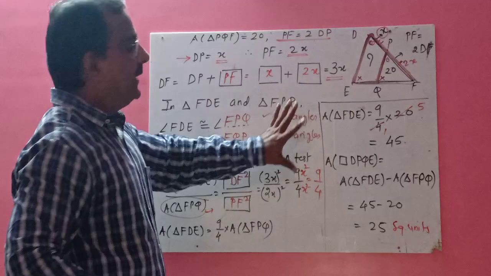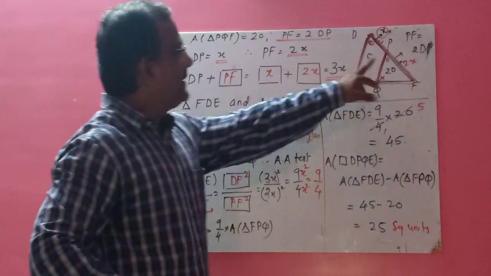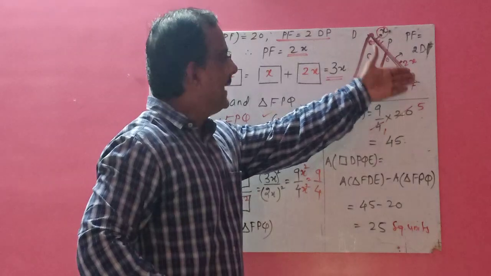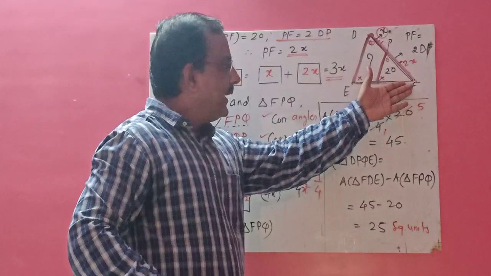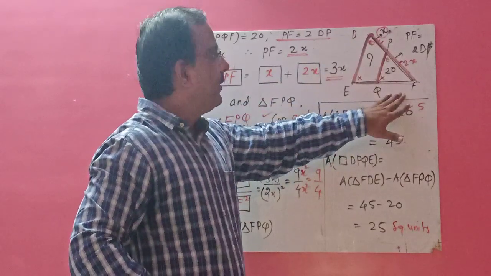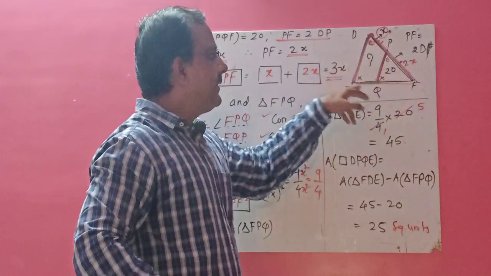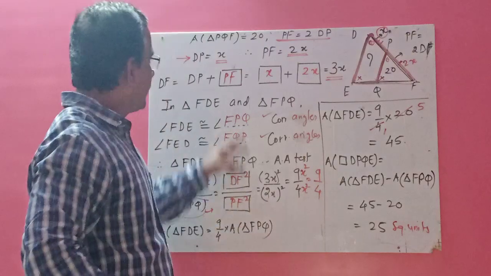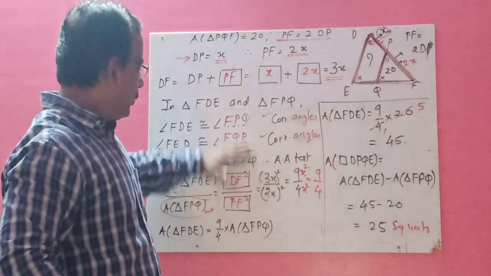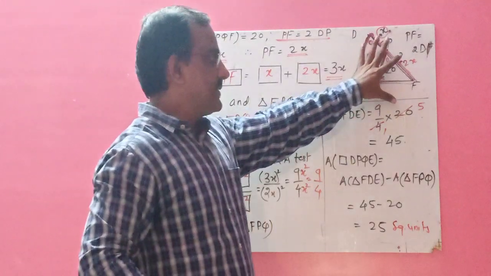Got it, children? Very simple problem. This area is given 20 and we require this one. So first calculate the area of this bigger triangle. To calculate it, we have to prove this and the bigger one similar, and then just assume DP as x and PF as 2x. Do it this way, you will get your answers.